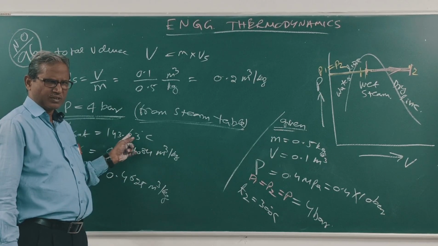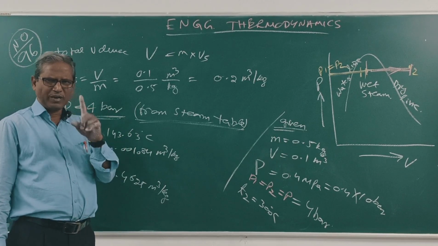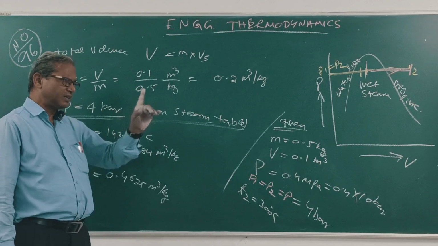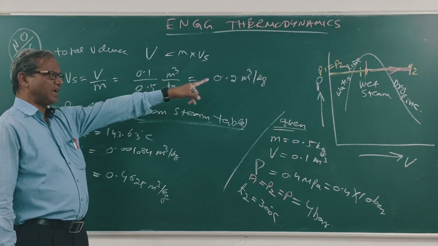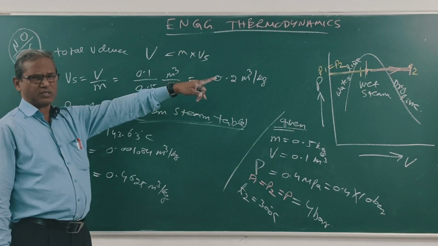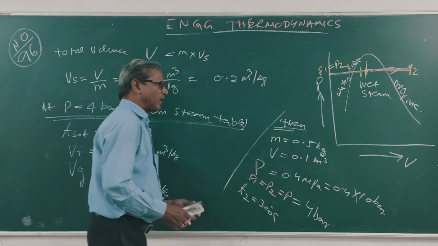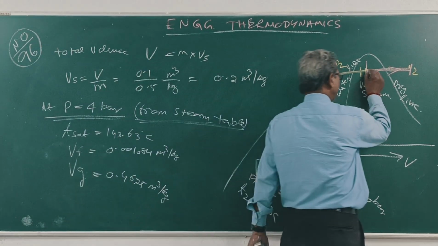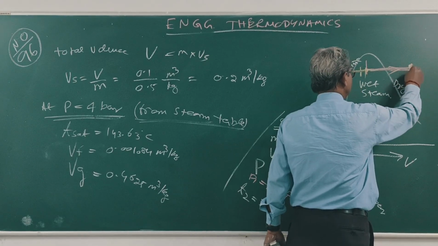So the final condition of steam is superheat. Hence I make the diagram 1, 2 at constant pressure up to superheat condition. This is point 1, this is point 2. Clear?